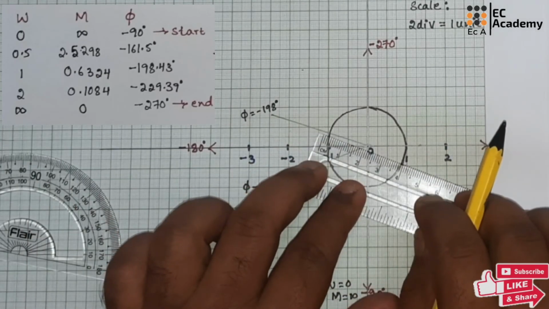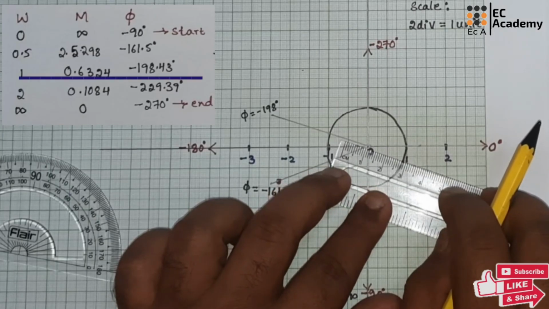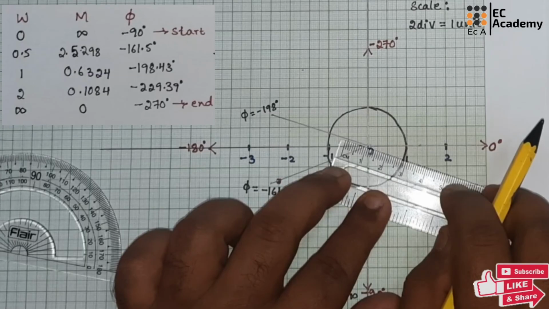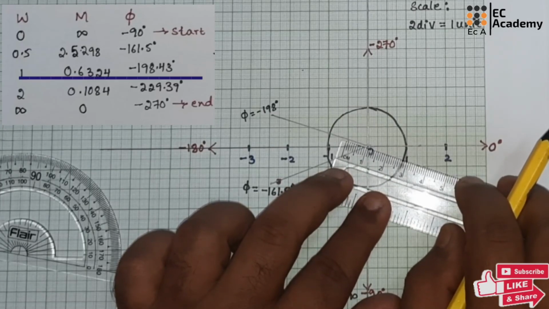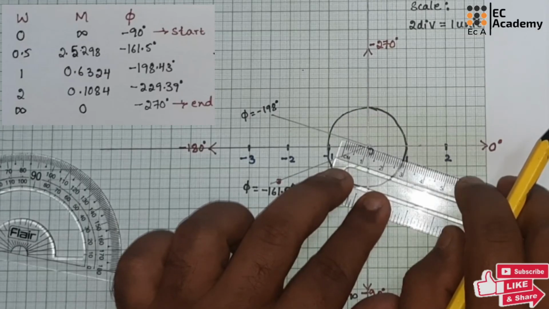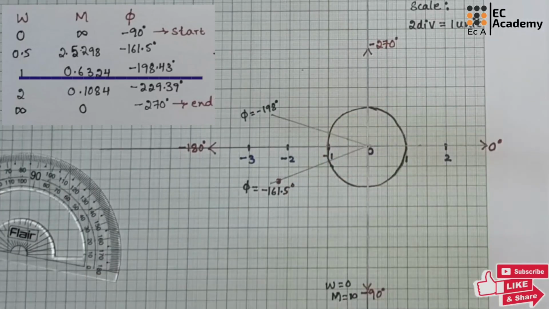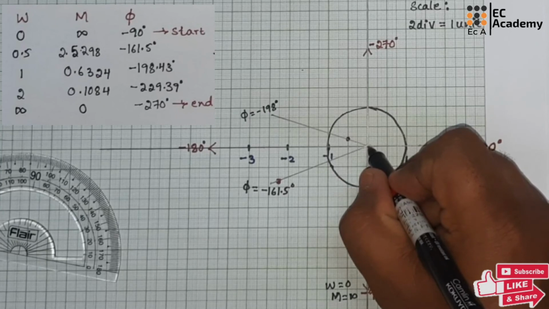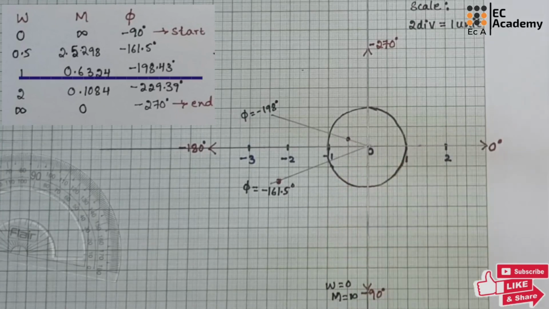So let us measure the magnitude as 0.63, that is 0.63 into 1.8 centimeter, so we will get approximately 1.1 centimeter. From the origin on this tangent line we will measure 1.1 centimeter and mark the point. So from the origin this distance will be 0.63.